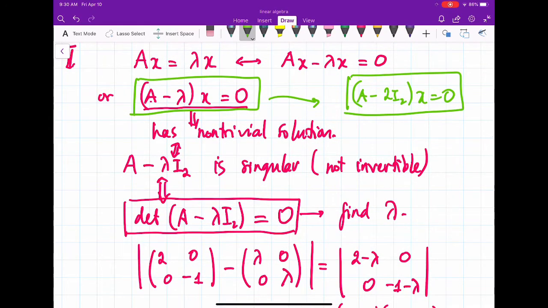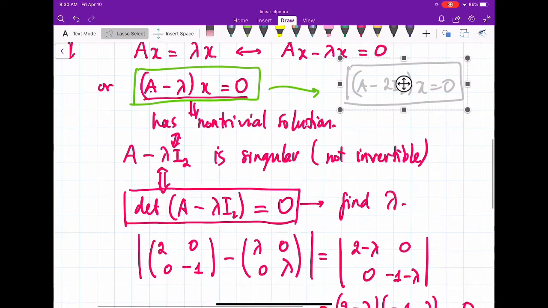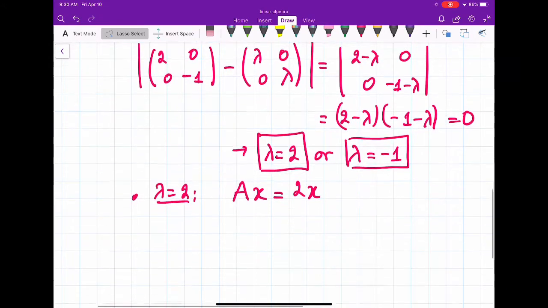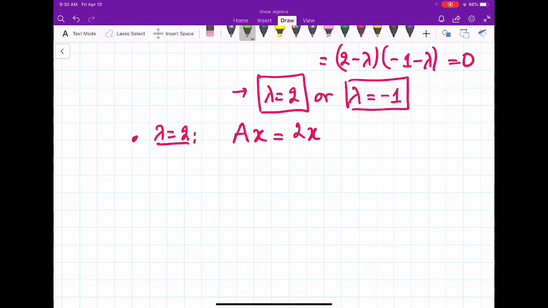I need to solve this system. I have [2 - 2, 0; 0, -1 - 2].